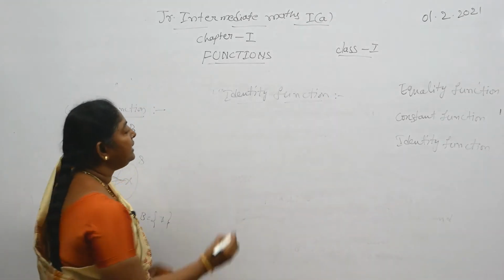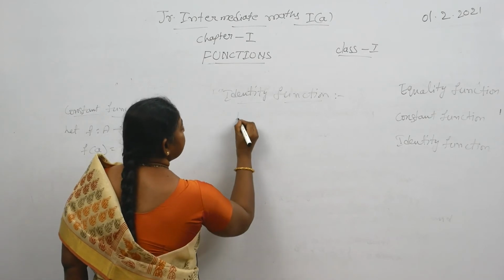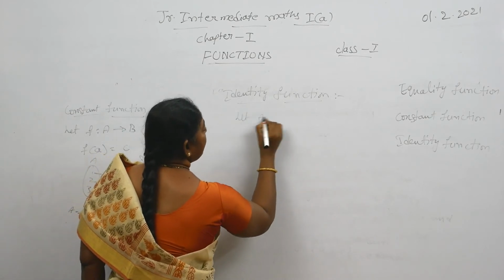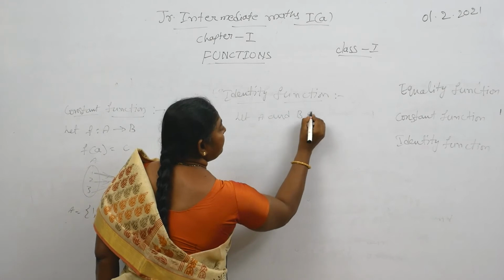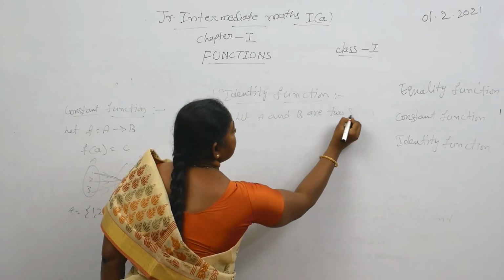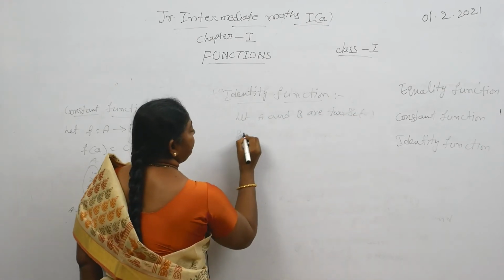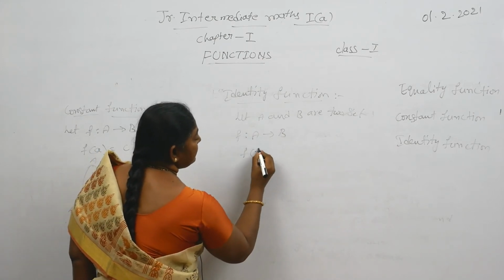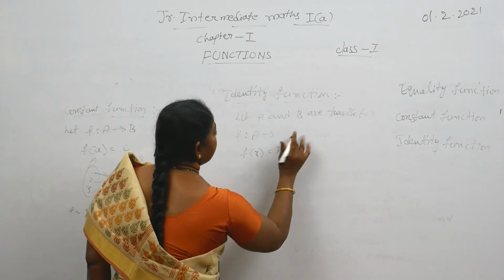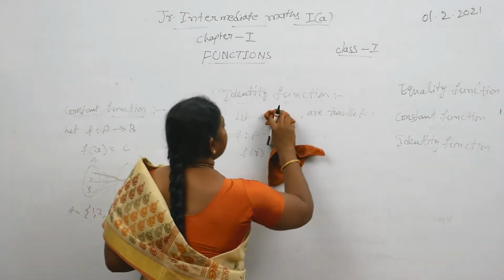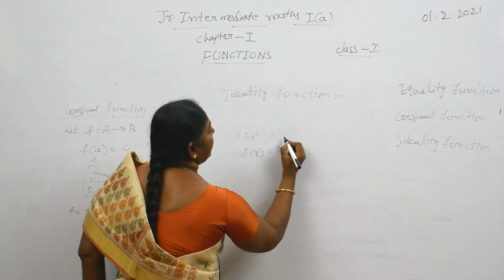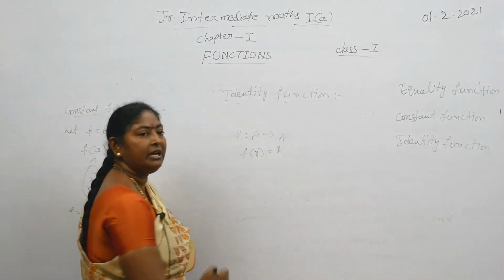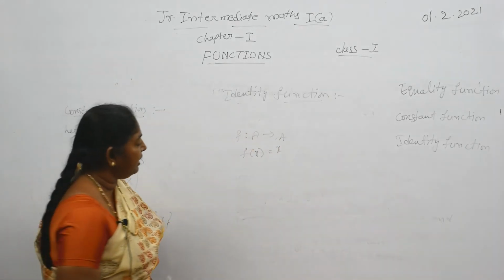Let A and B be two sets and f from A to B; then f of x equals x. That is, f from A to A with f of x equals x is an identity function.